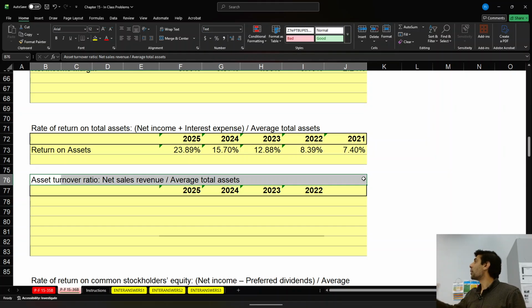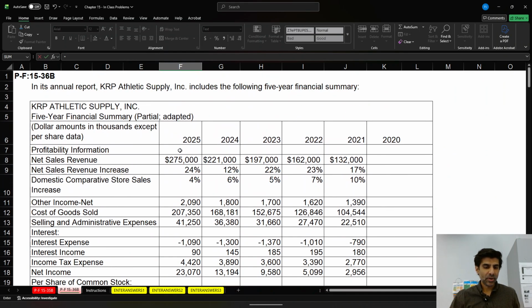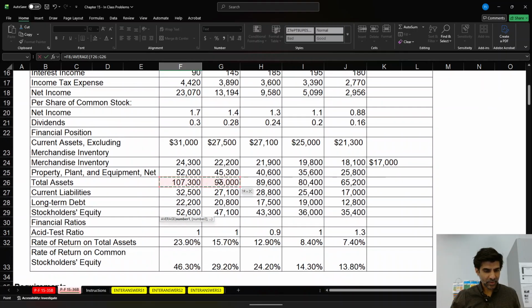Profit in the end is more important, but in certain contexts, like for growth stage businesses, it could be more important to know how well you're generating revenue with your assets. So it's pretty much the same, except we're using revenue instead of net income. So you just use this divided by the average of your total assets, which is these two.